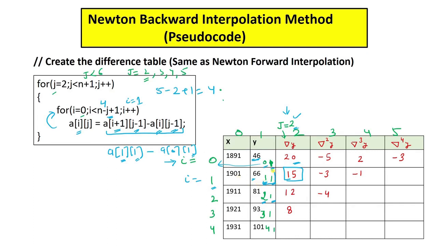Now this row number is actually same as i, so I'm simply writing i, and this column number 1 is again 1 lesser than this j equal to 2, so I'm saying j minus 1. So this way I am finding the subtraction of 81 minus 66, and I am storing it in this a of ij.